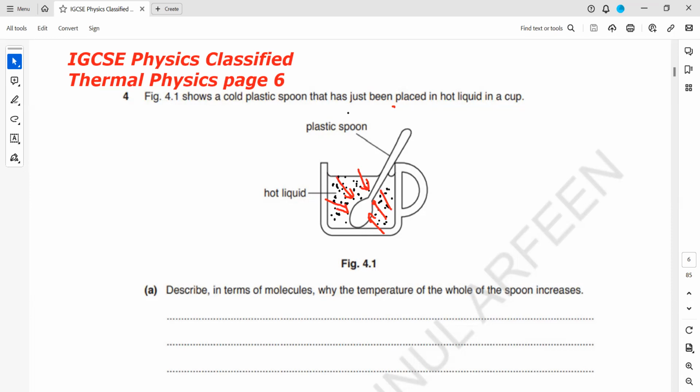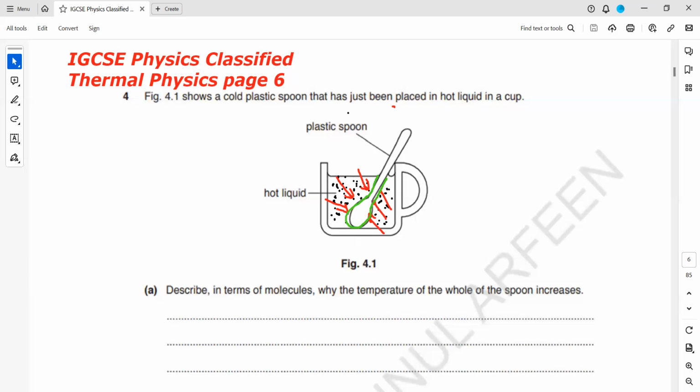As a result, its temperature will increase. The part of the spoon which is inside the hot liquid will be at a higher temperature compared to other parts. The temperature of the whole spoon will rise, but the increase for the part directly exposed to the liquid will be much higher.